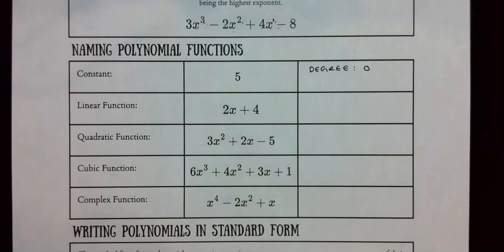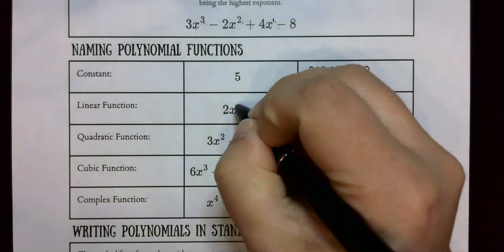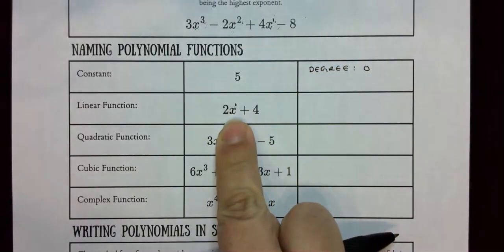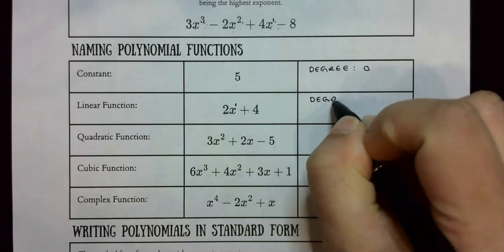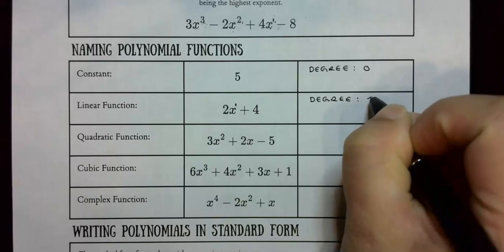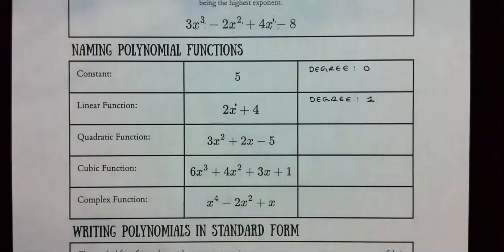We always cross it out, and that's why we don't see that variable for number 5. A linear function is considered linear because it does have an exponent, but the highest degree is 1. So we're always looking at the variable with the highest exponent.